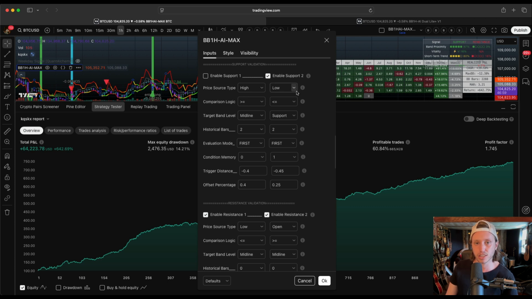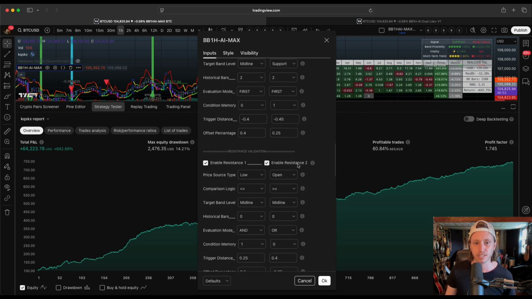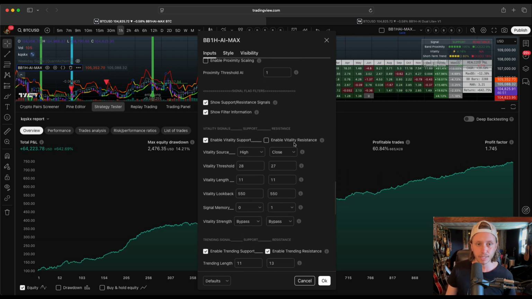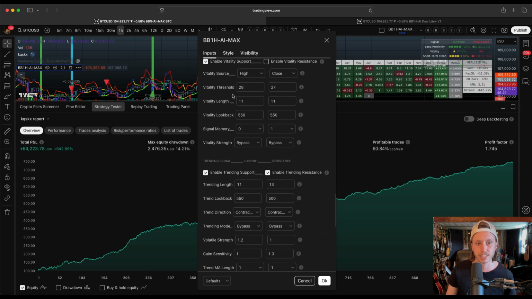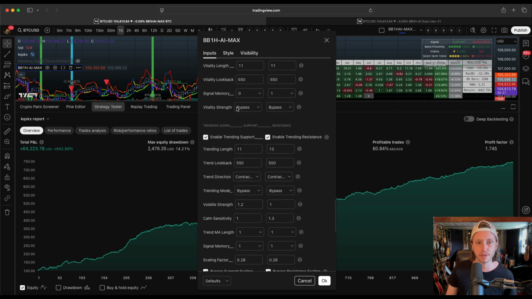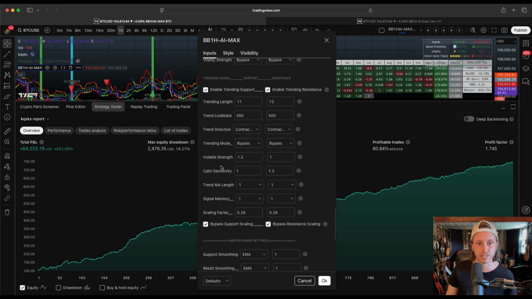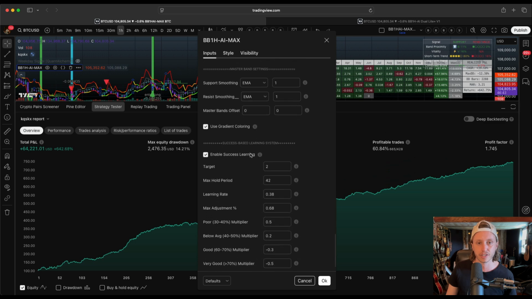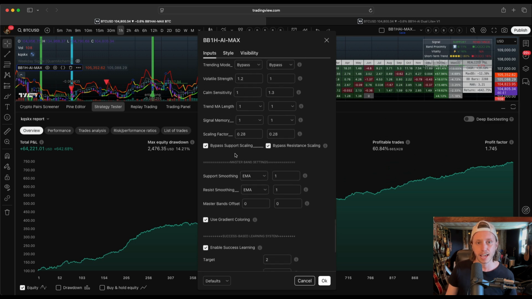If you are interested in those, you can look at the tooltips, and I try to give a pretty fast but decent explanation of what those are doing. The validity section is basically the same. The trending section, I think, is pretty much the same as the BB30 version. And that's pretty much it.